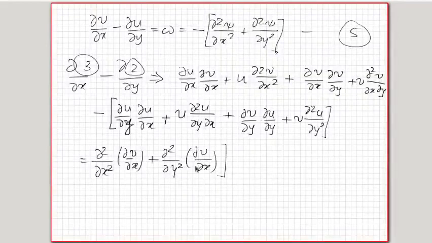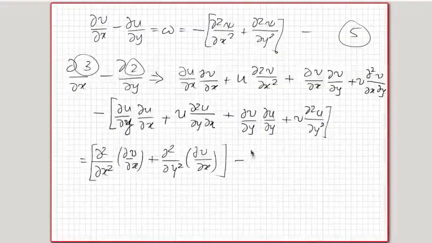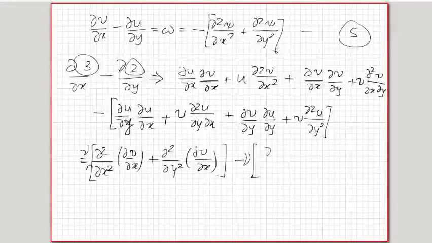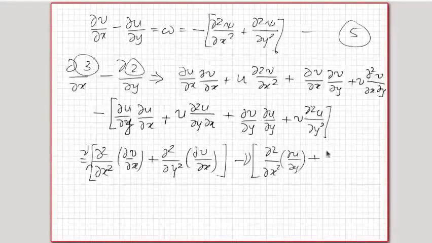Okay, so this is equation number 3, right hand side with respect to x, minus, so this will be with a nu here. It's already nu here, del squared by del x squared of del u by del y plus del squared by del y squared of del u by del y.